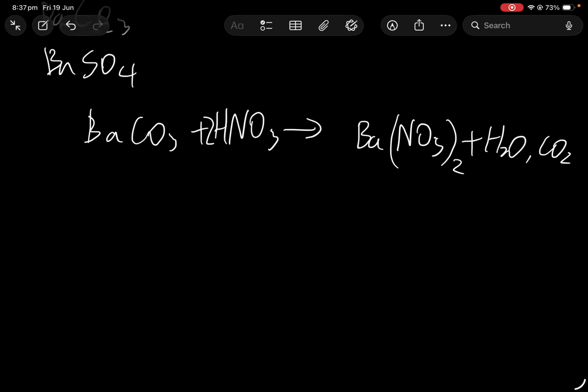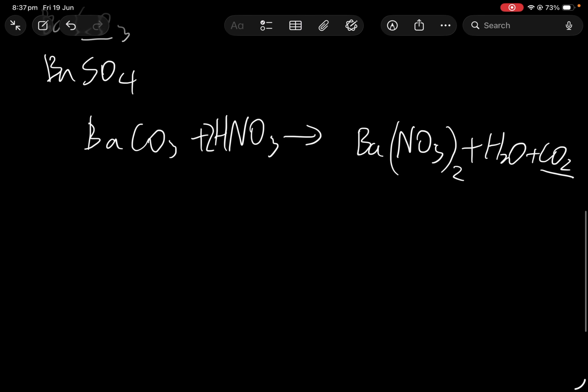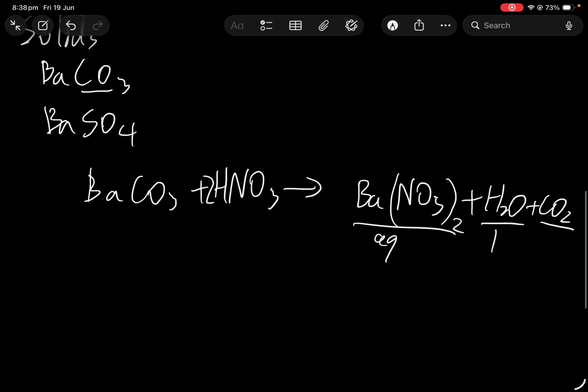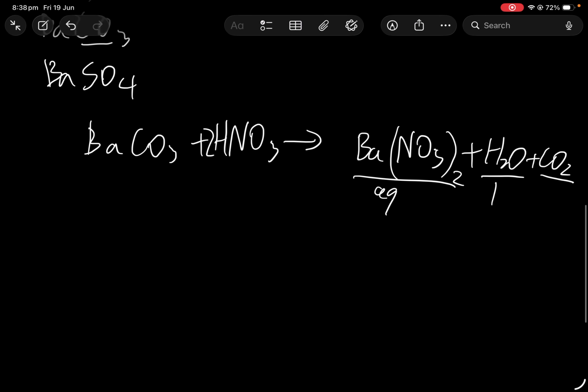Yes, that's balanced. This is a gas, this is aqueous, this is liquid. Barium sulfate is not that reactive, so nothing would happen.